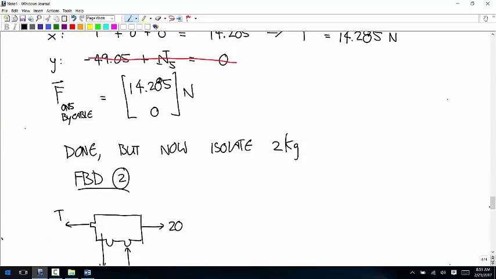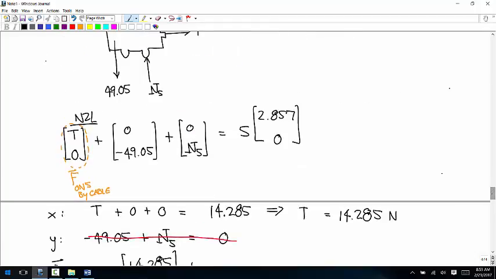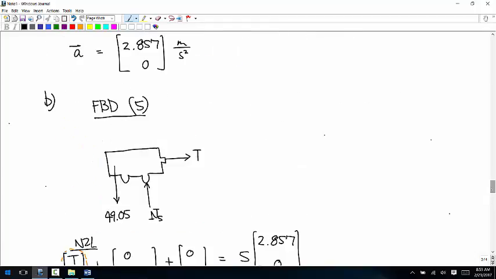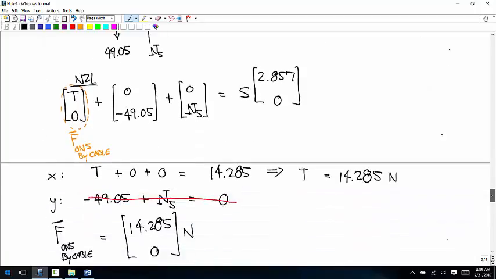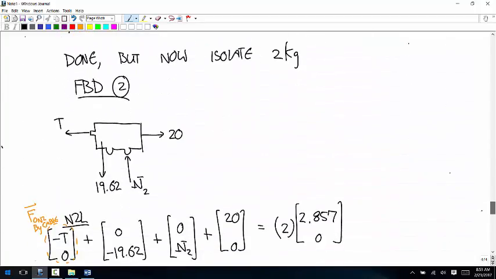With this free body diagram, where the mass was different, there was no 20 Newton force, we've somehow figured out the same tension for that cable that we did with this free body diagram, where the tension's going the other way, the mass is different, the force is there.